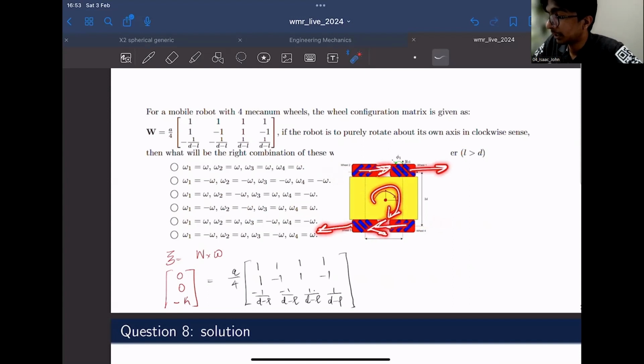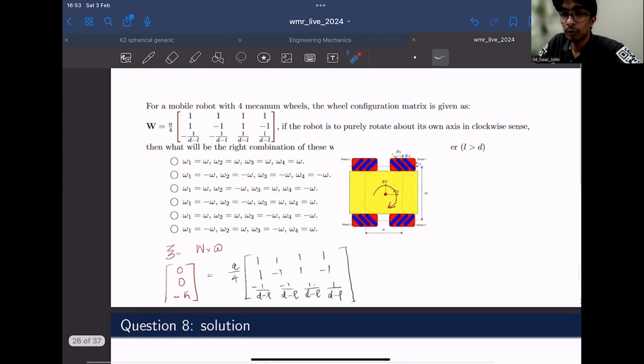It may try to rotate the mobile robot clockwise. Or if these two wheels are going in this direction and these two in that direction, it may try to induce the mobile robot to rotate counterclockwise, right? This is how the vector looks like.